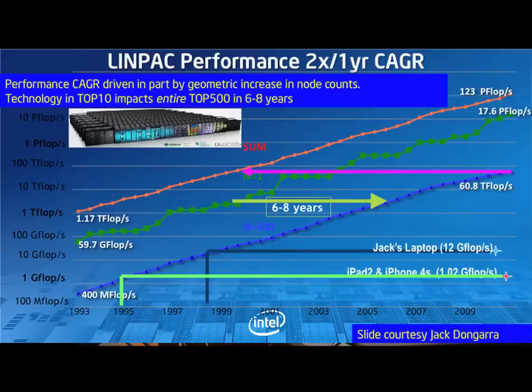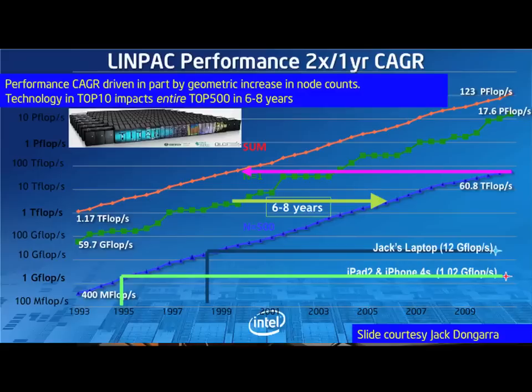That means that what we see in LINPACK performance growth is 2x every year, and the performance gains that we're seeing out of Moore's law, not the Moore's law transistor law, which is doubling transistors every 18 months at constant cost on a single die, what we're seeing in terms of performance is a little less than that. It's about 2x every 2 years.